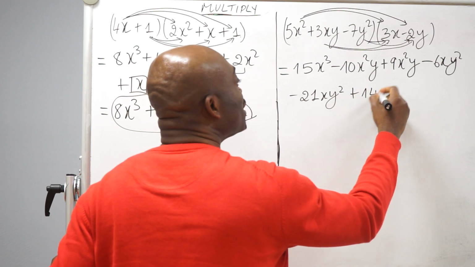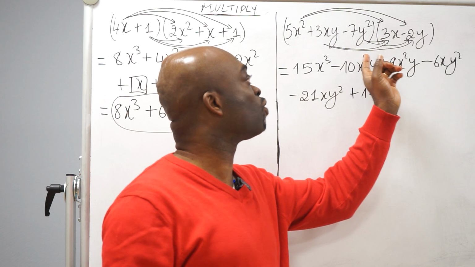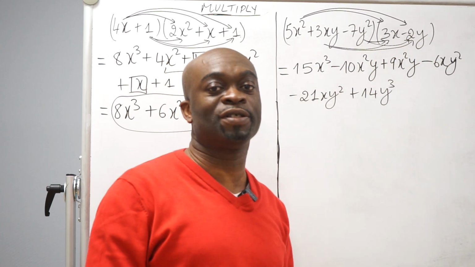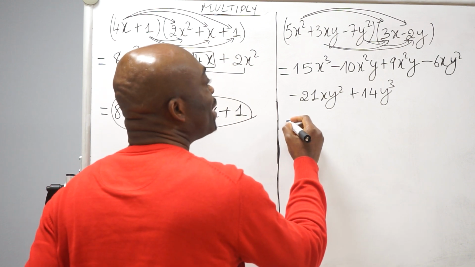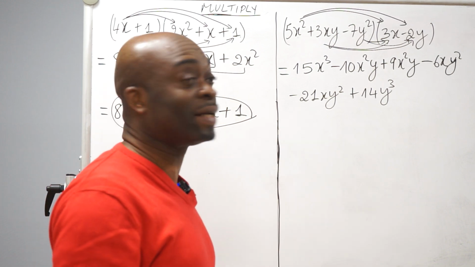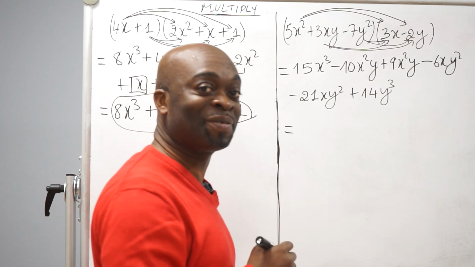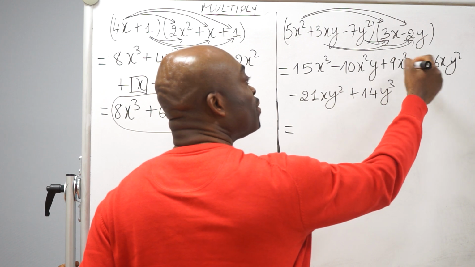Positive 14y to the third power. Okay? So it's negative y squared times negative 2y. That will give us positive y to the third power, okay? And now we will see if we have anything to combine together. Is there anything that we can combine together, to make it a lot easier, look nicer, okay? So we have these two because they carry the same variables, right?